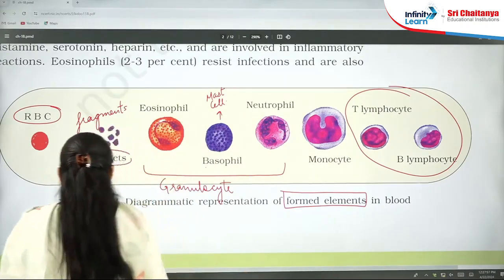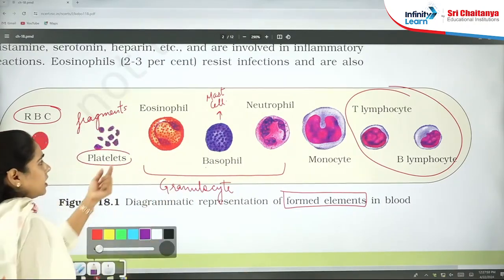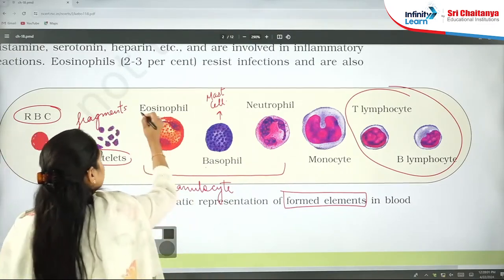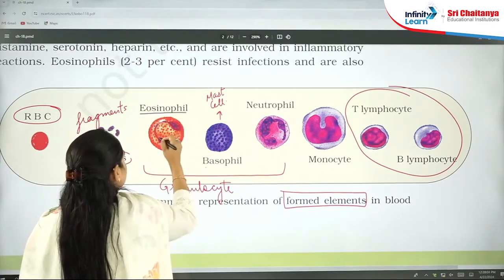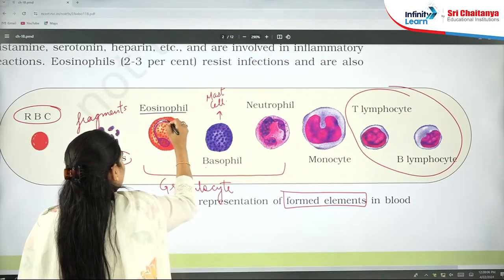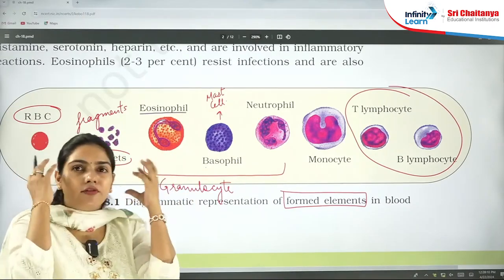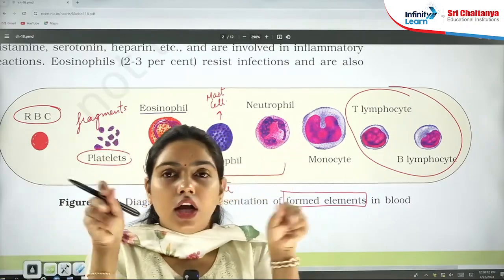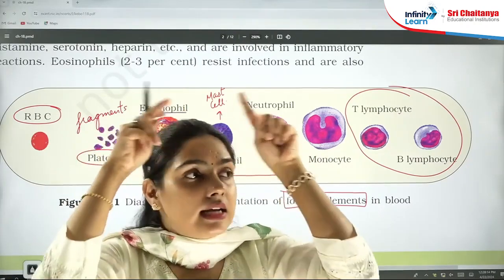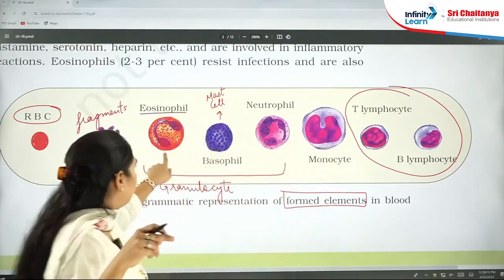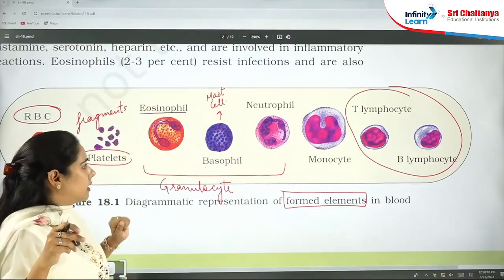Now let me show you the nucleus. If you see the eosinophil nucleus, it is just like a headphone. Some of you must be using headphones for your class, na? Bilobed nucleus or headphone-shaped nucleus, eosinophil.